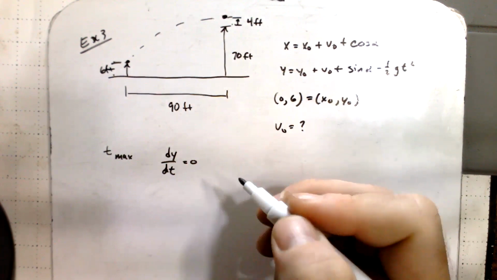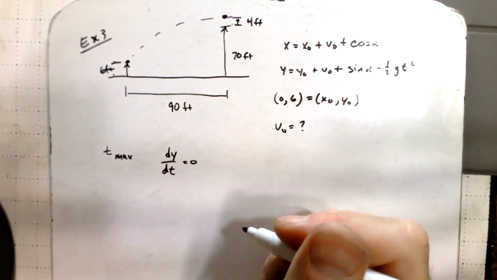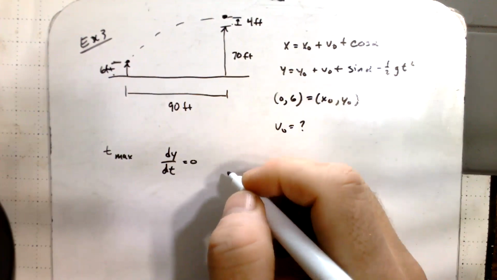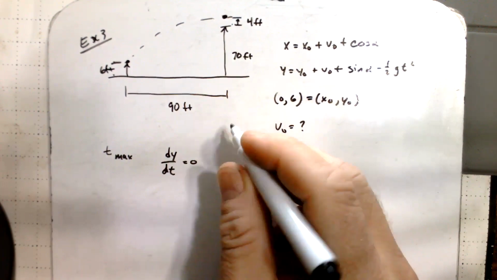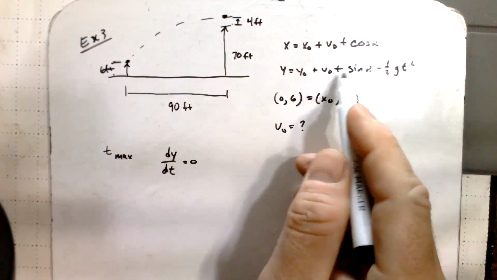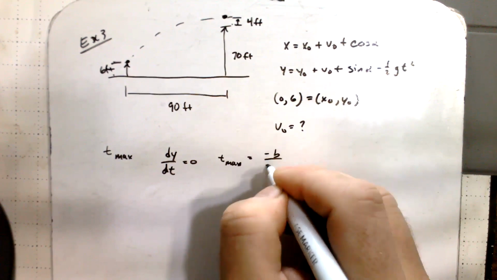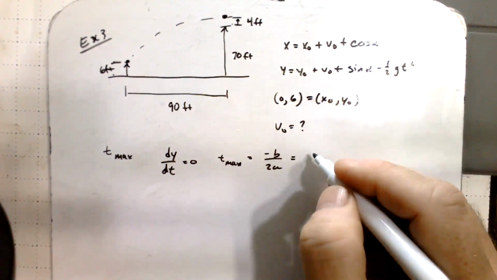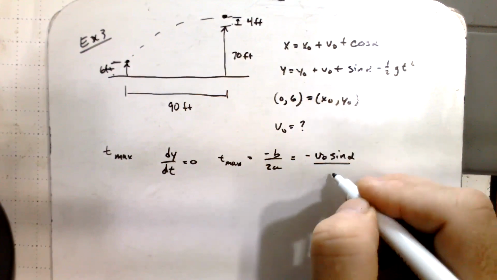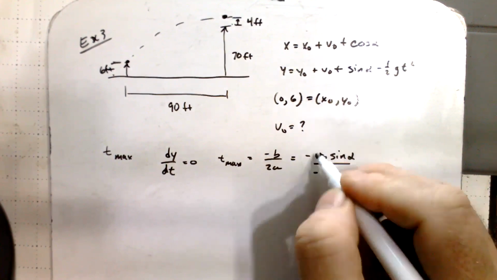But we also know that since this is a parabola, the t coordinate of the vertex can be found without a derivative. That's no different than looking at negative b over 2a. So t max occurs at the opposite of b over 2a, which is minus V naught sine alpha over negative 1/2 g. So the negatives cancel.